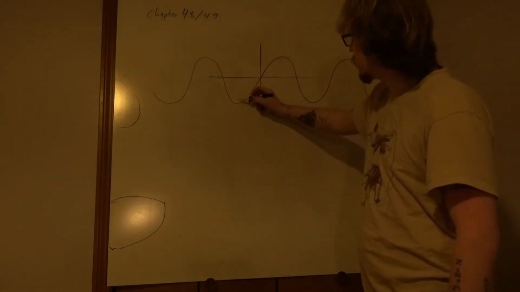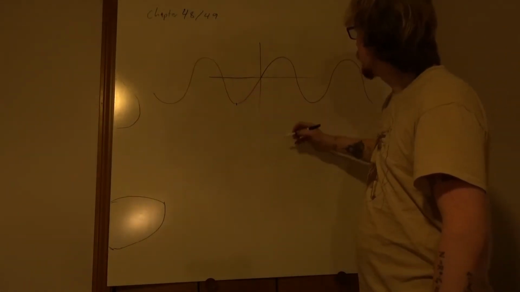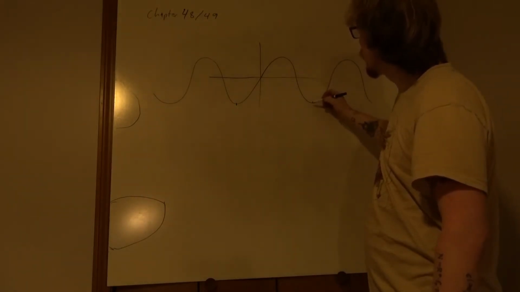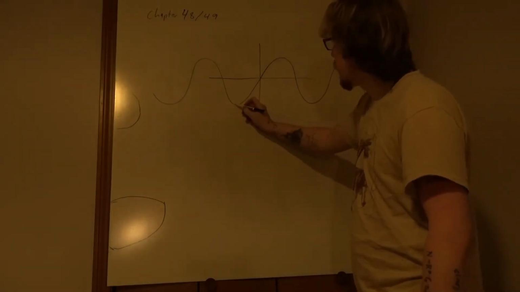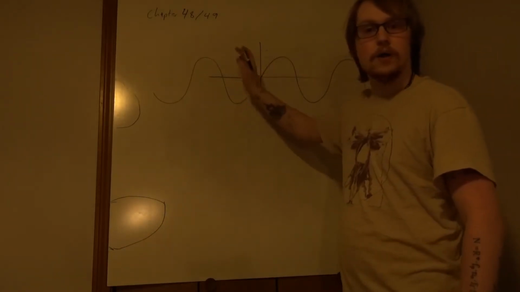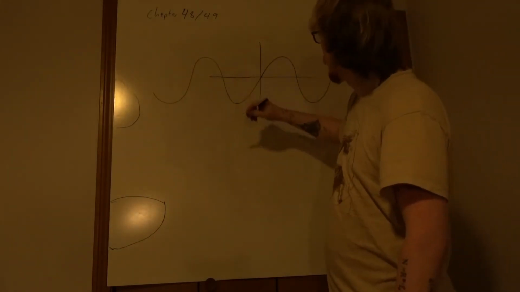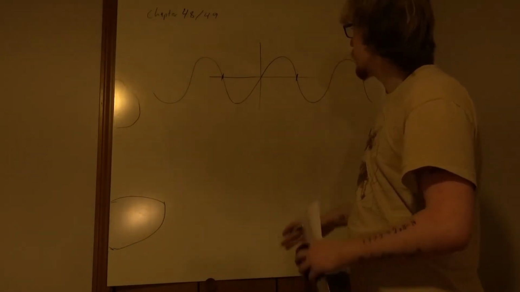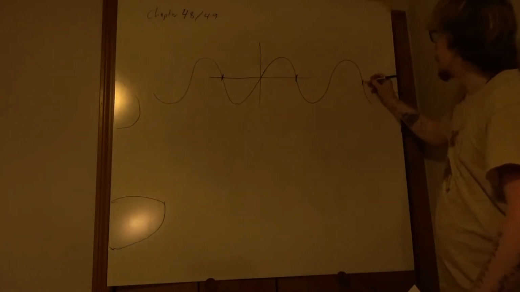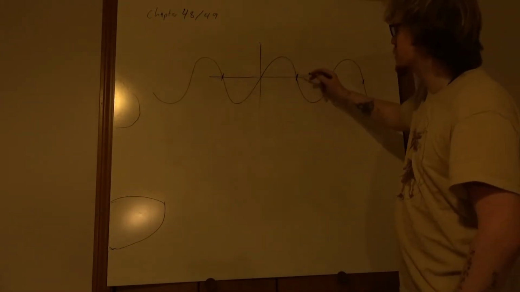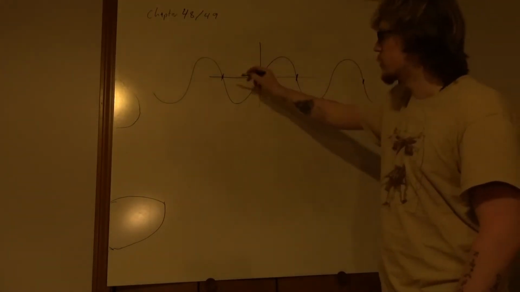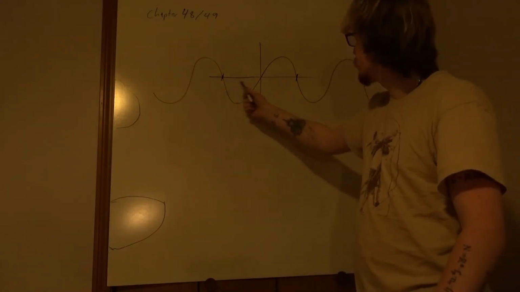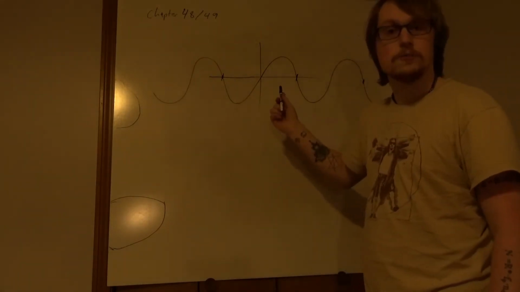I want to make it symmetric about the y-axis, so I'm going to take it from here to here. If we notice, I put the next one here, we get this S shape, and it repeats itself perfectly on all of these things. That's the period. The distance between these two is going to be 2 pi.